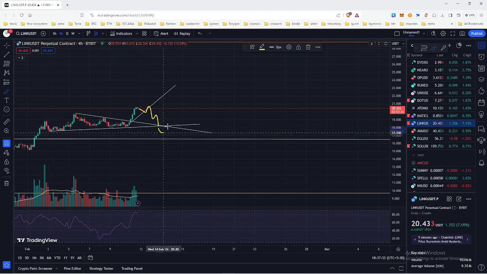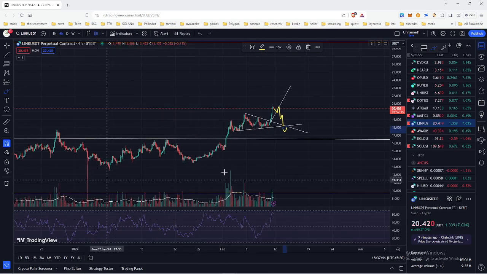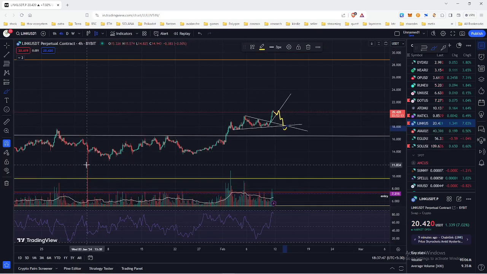If you're coming down to 17k and below, then I think we will come and visit the lower low of here. There is a wick which hasn't been tested. We can come down to the $12 range.